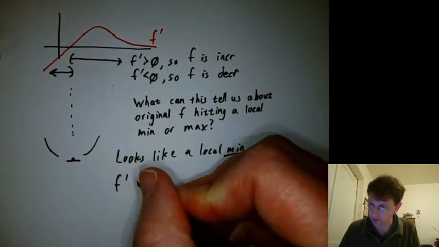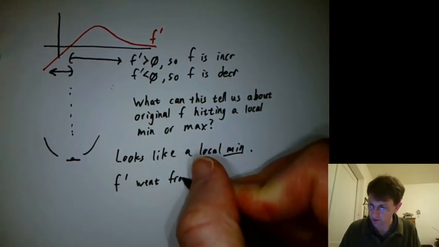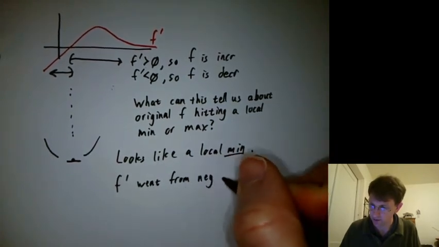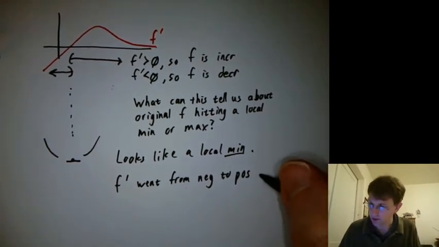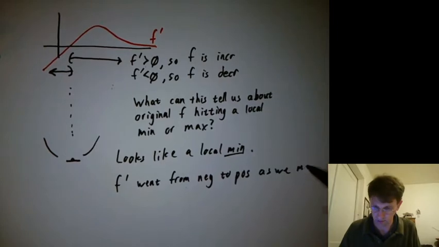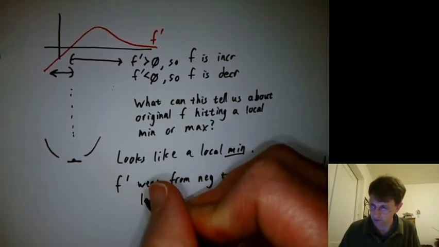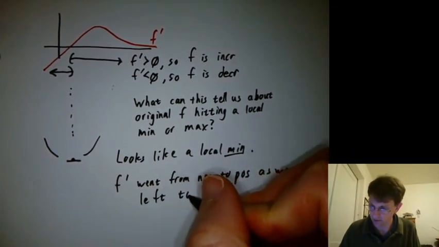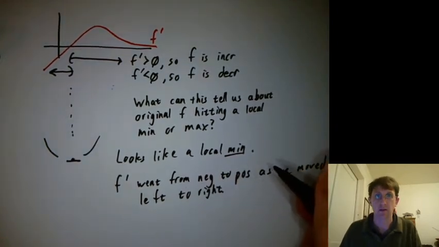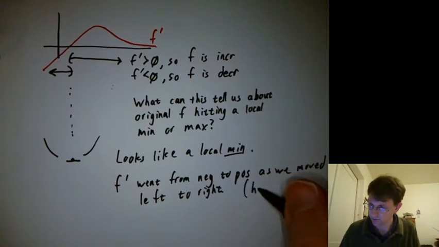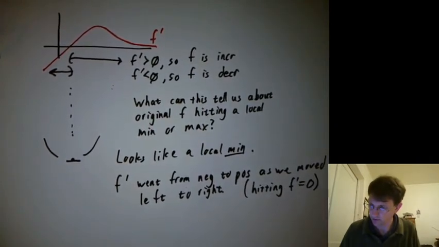F prime went from negative to positive, hitting 0 in the middle, that's what we mean. We don't mean jumped clear from negative to positive territory.